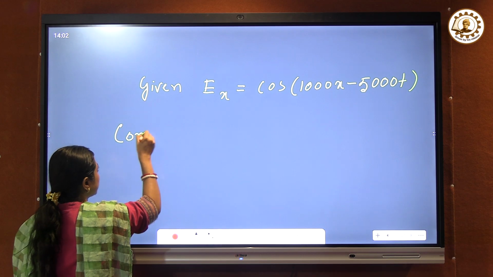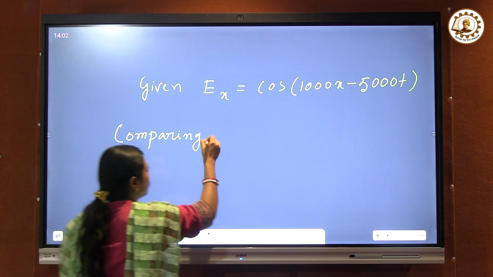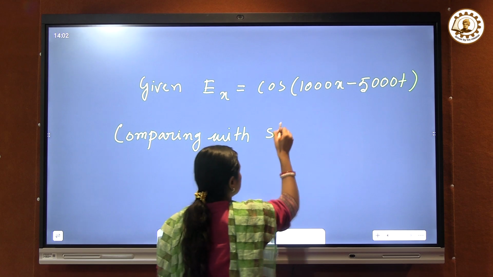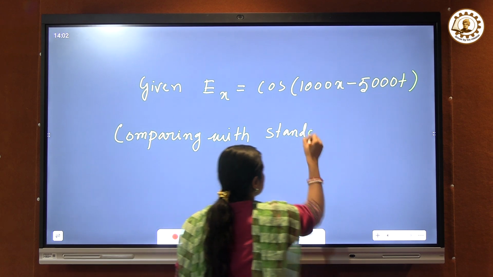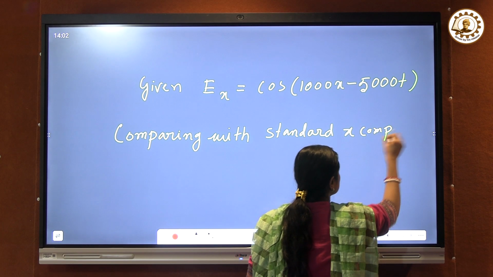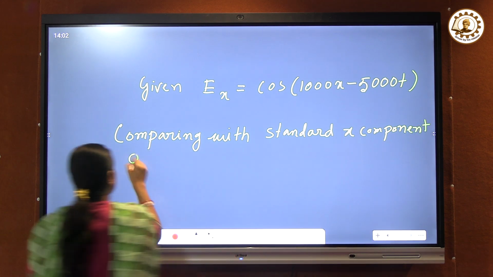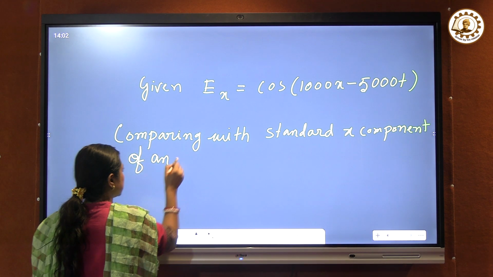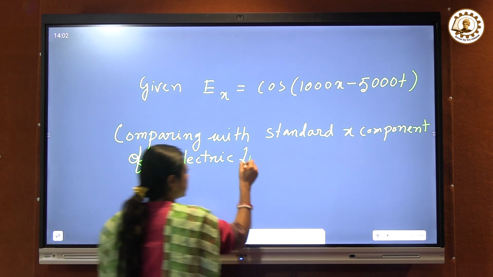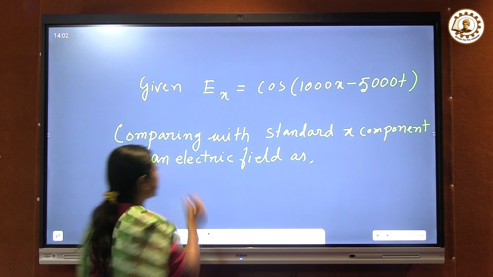If we compare with the standard X component of an electric field, how should it be?